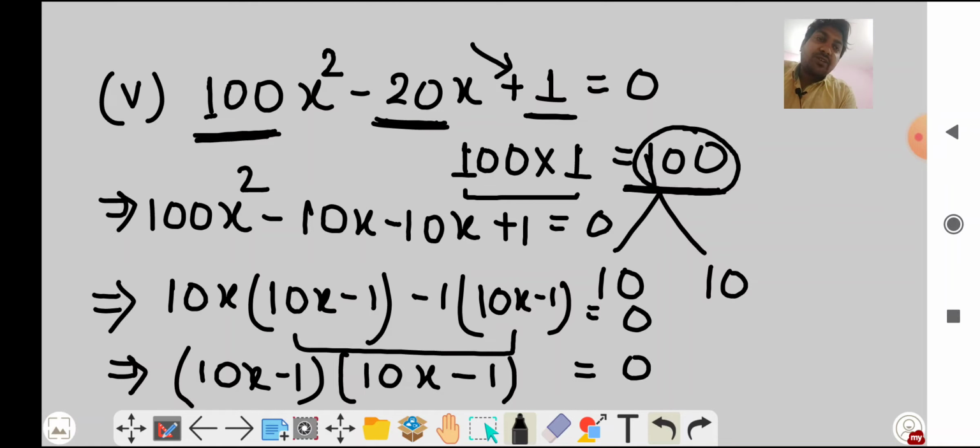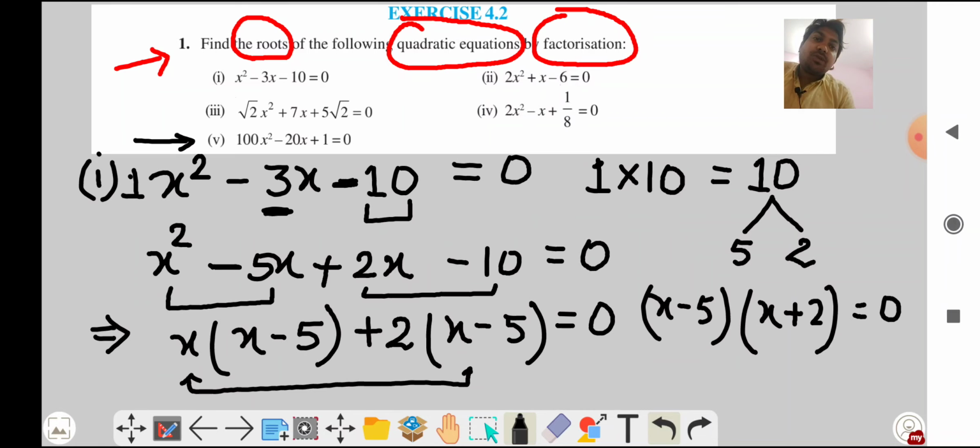This addition is telling that the addition of these two factors will result in how much? This is 20, right? So I am taking two factors 10 and 10, whose addition will get 20. So I hope all 5 parts are clear to all of you.